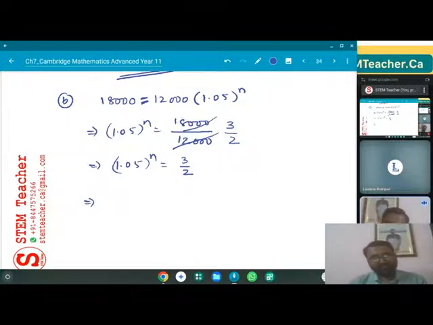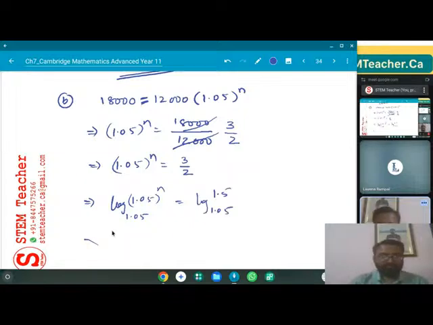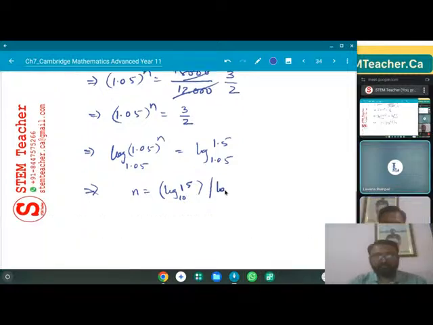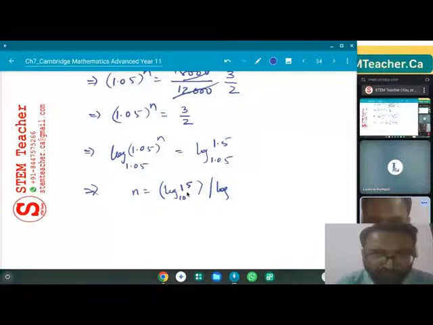Log base 1.05. Log base 1.05 of 1.05 to the power n equals log 1.5 base 1.05. So n equals log 1.5 base 10 by log 1.05 base 10.